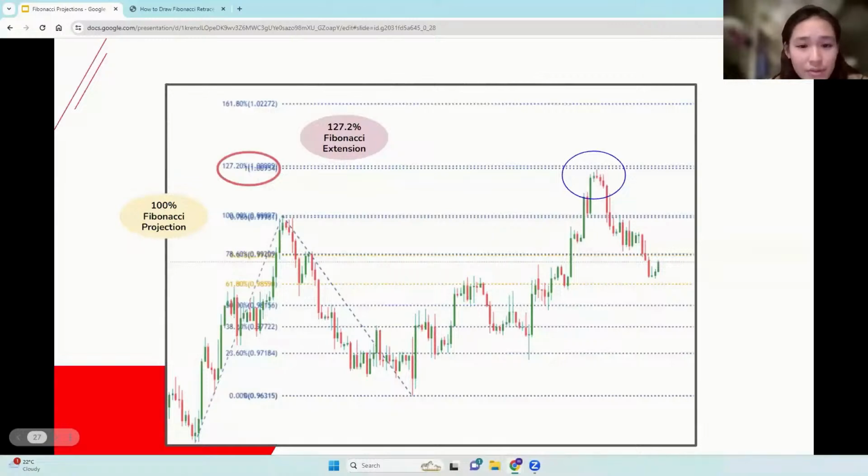Similarly, here we have the same two Fibonacci methods, extension and projection. Here is the 127.2% Fibonacci extension. So the Nike tick would have the starting point here, ending point here, and then the tail is here. And that is in line with a 100% Fibonacci projection.